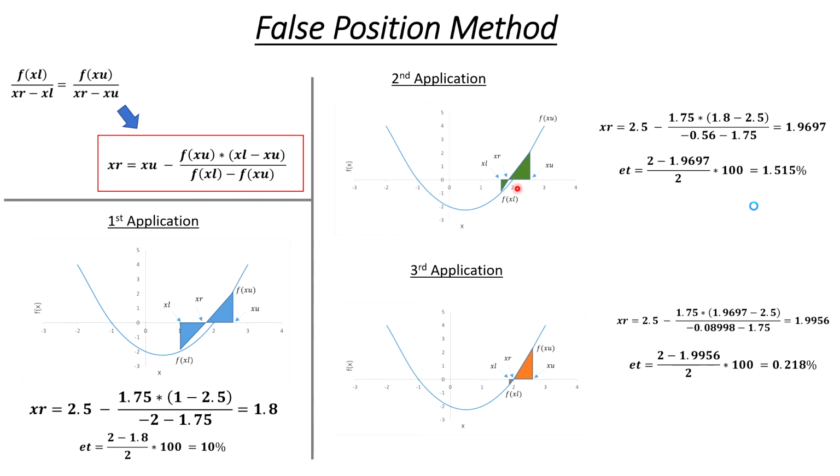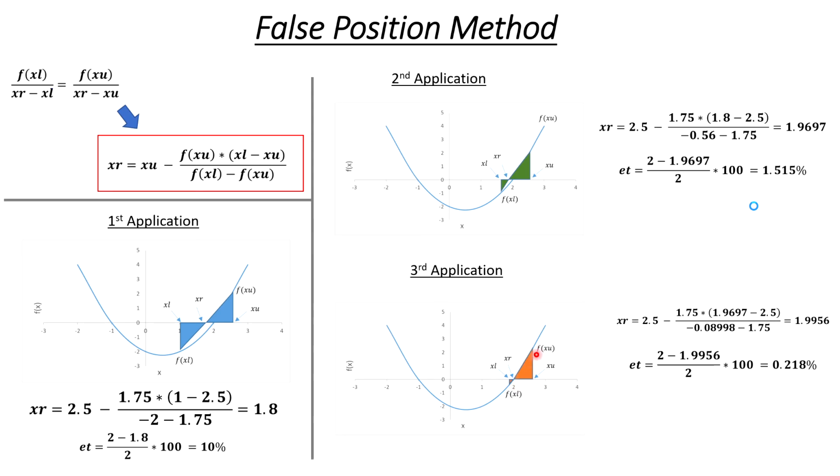Now, we still have the root housed in the interval on the right. So we're going to take the interval of 1.9697 and 2.5, with their corresponding function values, and use the false position again. This gives us 1.9956. As you can see in this visualization, we're extremely close.